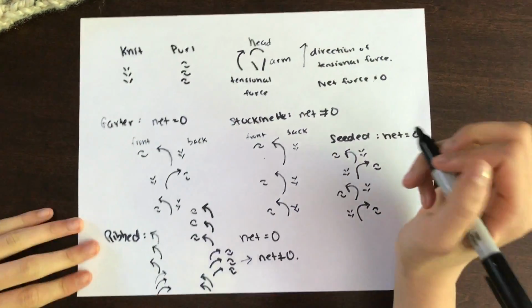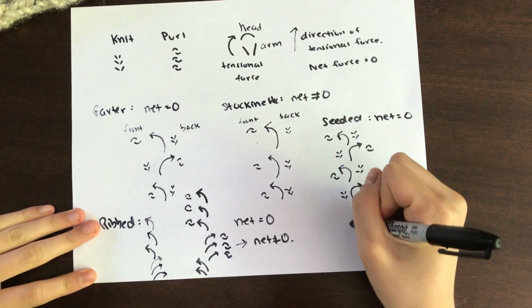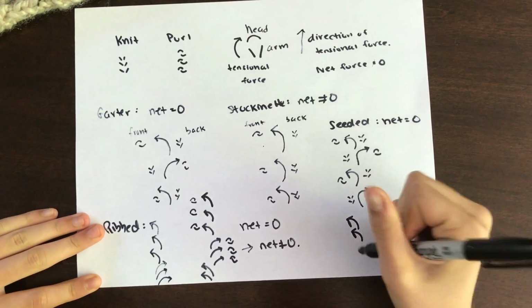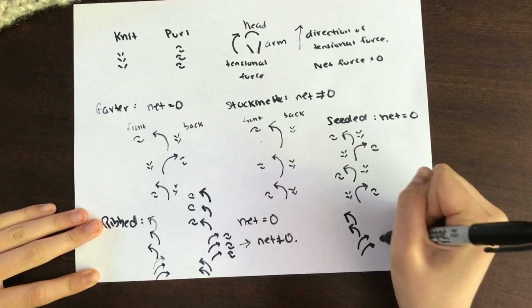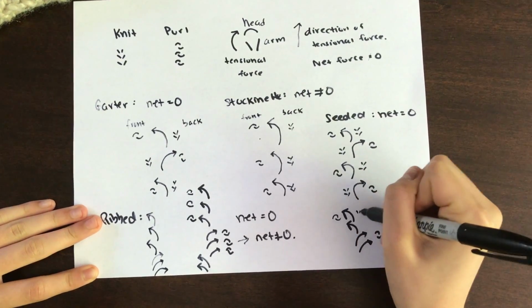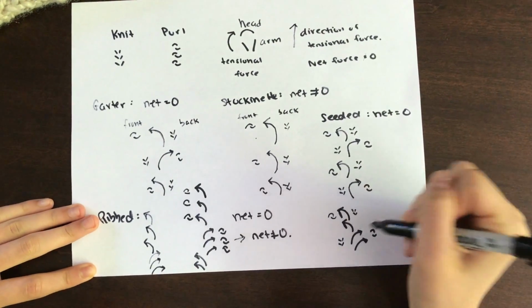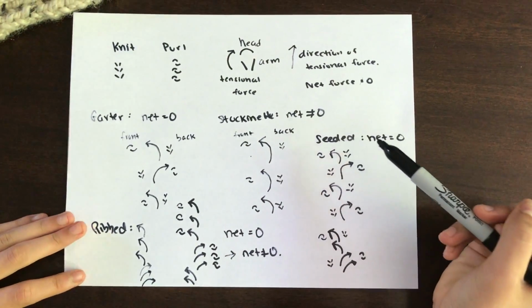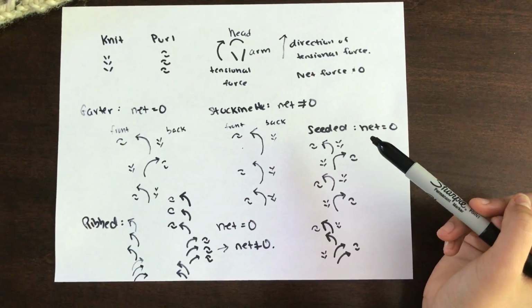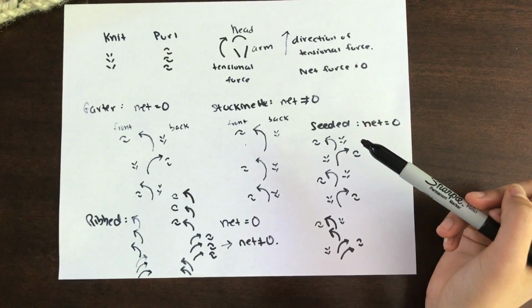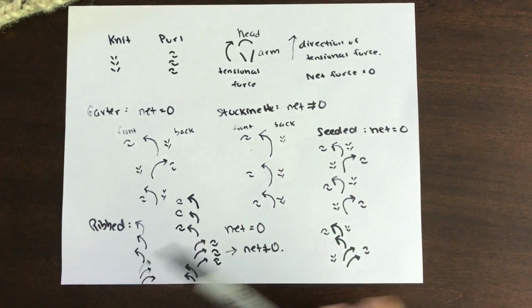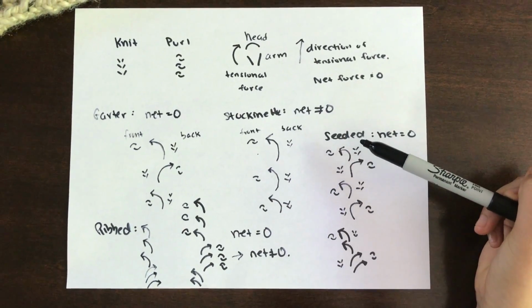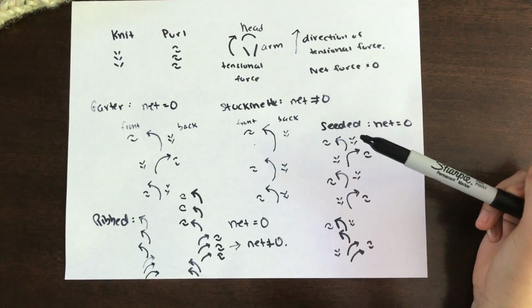For example, you could do 2 knit stitches and then 2 purl stitches. This would still create a flat piece, but it's a variation on the seed stitch. So any variation or the original stitch of the garter stitch, the rib stitch, and the seed stitch will create a flat piece.